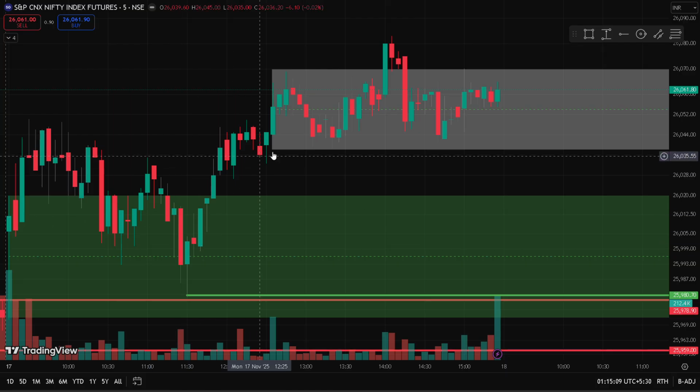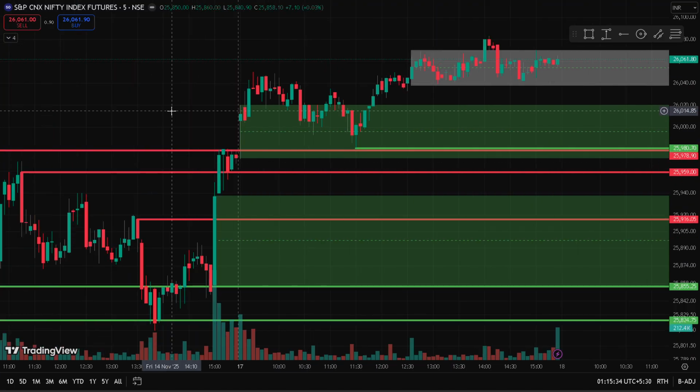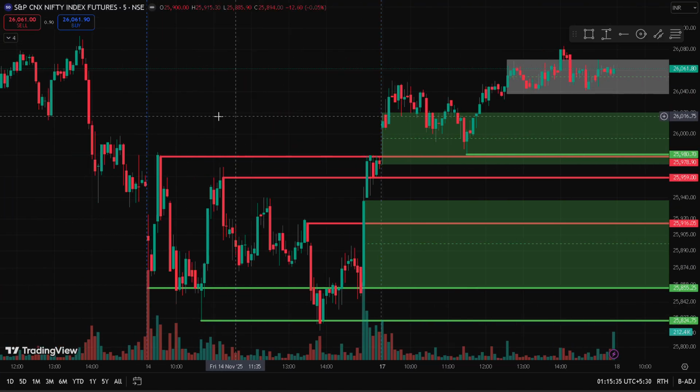There is a bull candle, there is a bull candle, and then a bear candle too. So there might be a chance whoever takes control of the market in the first 1 hour of the session, which is called the initial balance, can have a control on the market. So bulls and bears are equally active in the market.